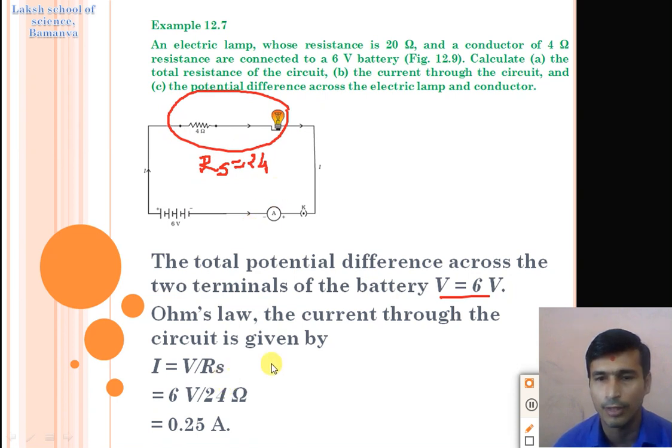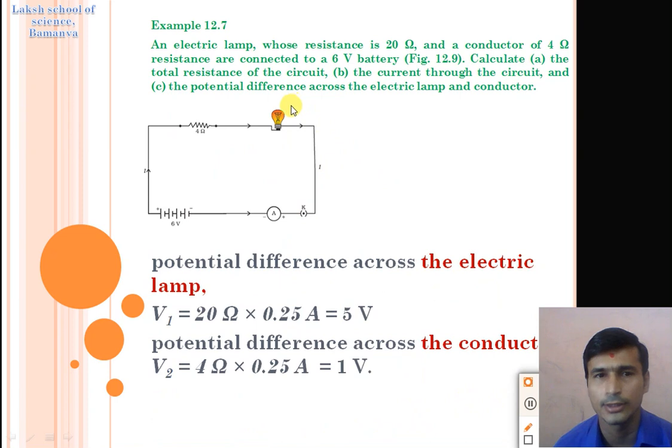So according to Ohm's law, we know that I is equal to V divided by R. So V is given to you 6 volt, so 6 divided by the total resistance 24. We get the answer: current passing through the circuit is 0.25 ampere.